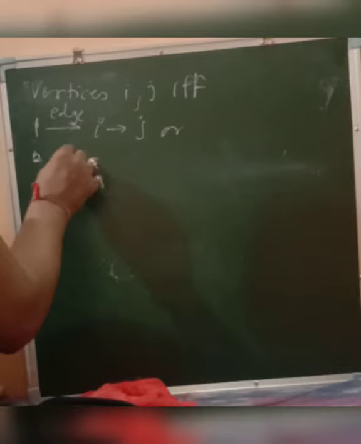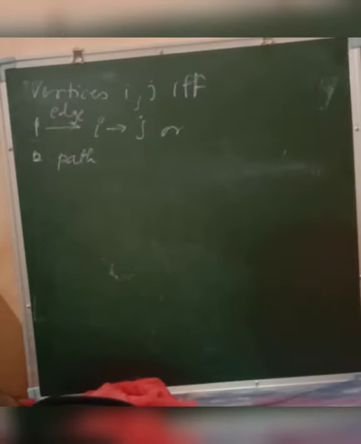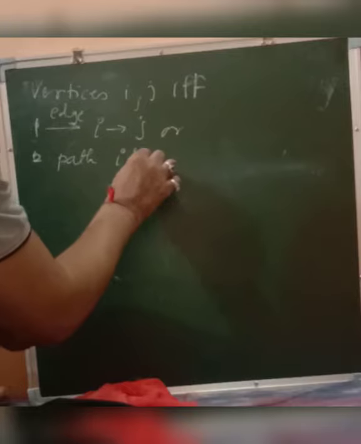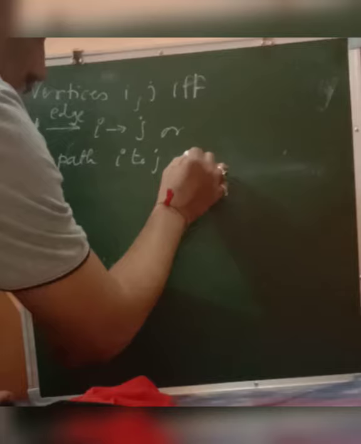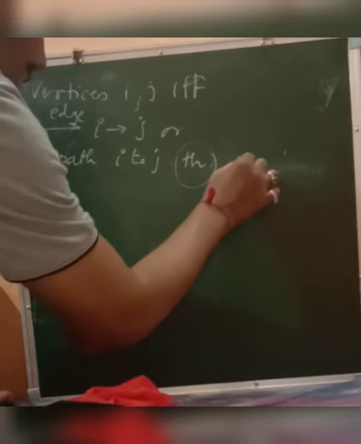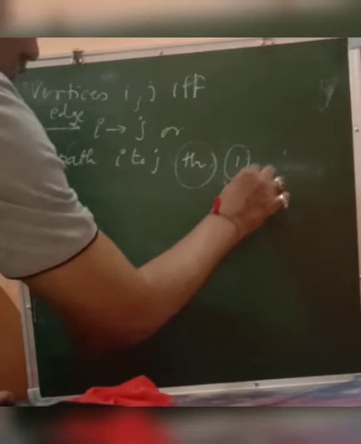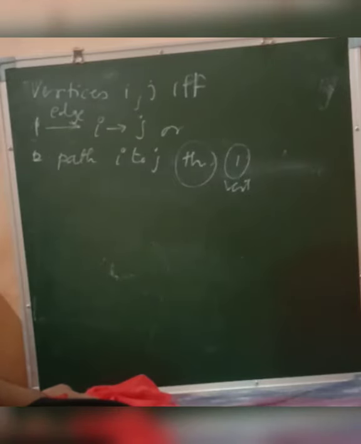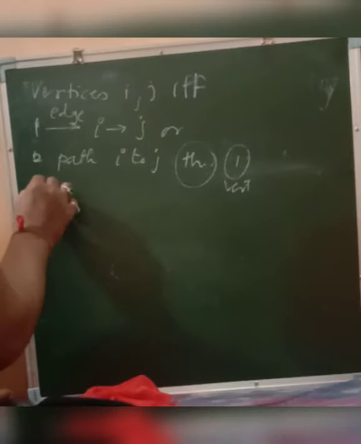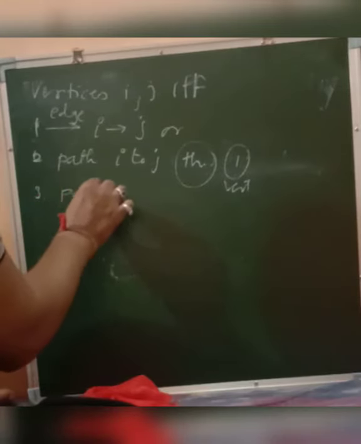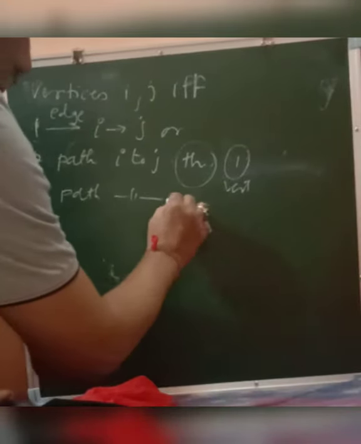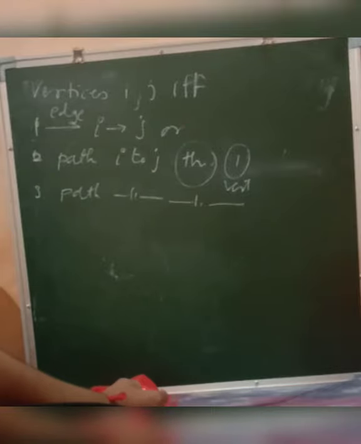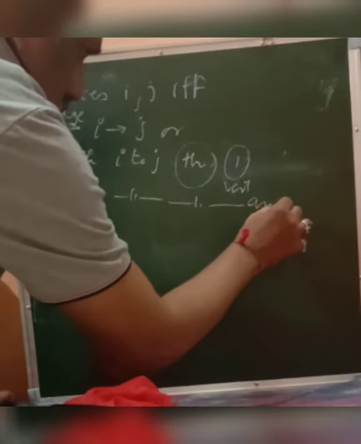There is a path from I to J going through vertex 1. And also there is a path from I to J going through vertex 1 and or 2.